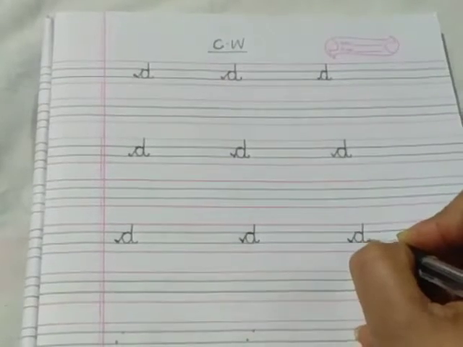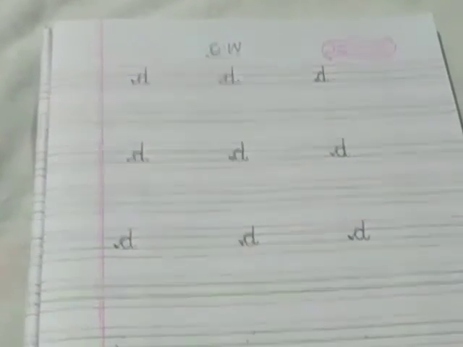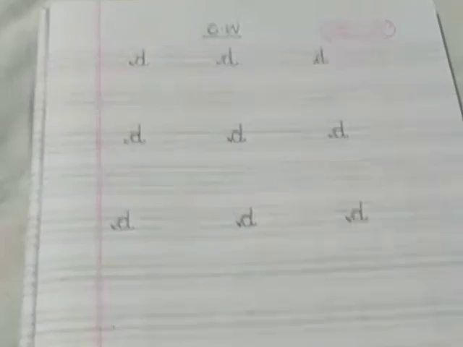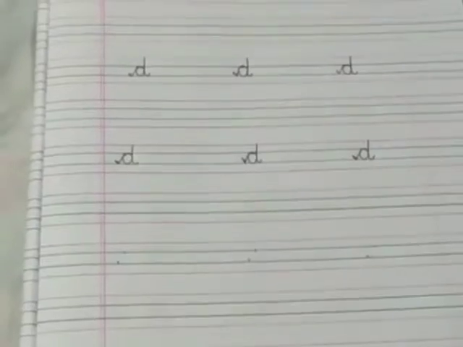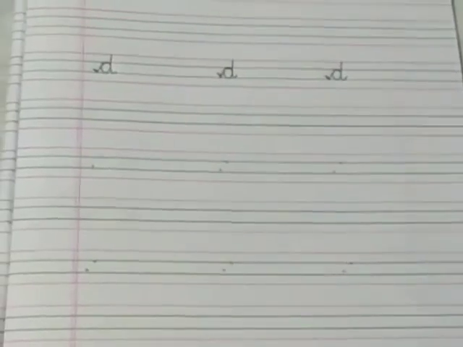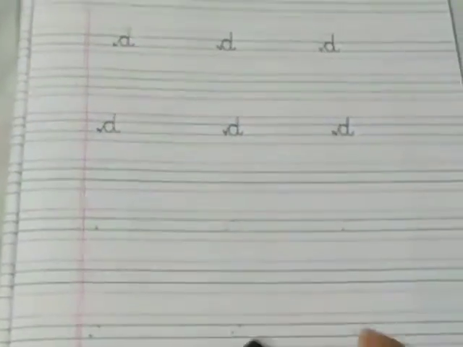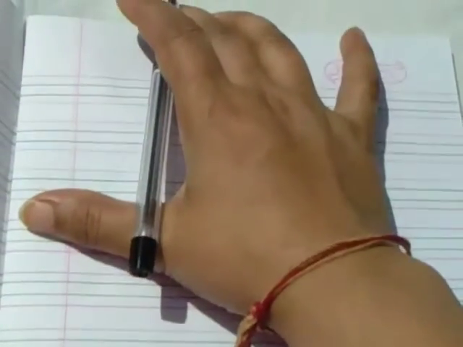So this is letter D. Now I am going to show you letter A, but when you will write, you will practice the whole page. Okay? Now I am showing you how you will write letter A. Okay?